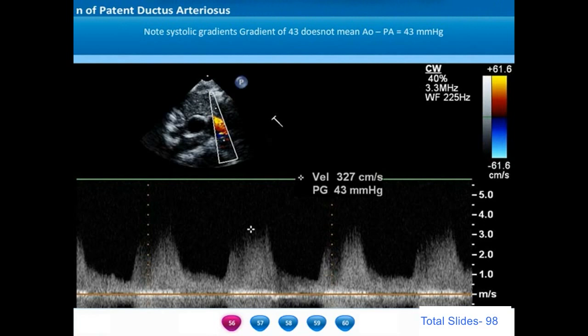This will clearly indicate that the pulmonary artery pressures are similar to aortic pressures and the patient has got severe pulmonary arterial hypertension. This will be a hyperkinetic, flow dependent, severe pulmonary arterial hypertension.